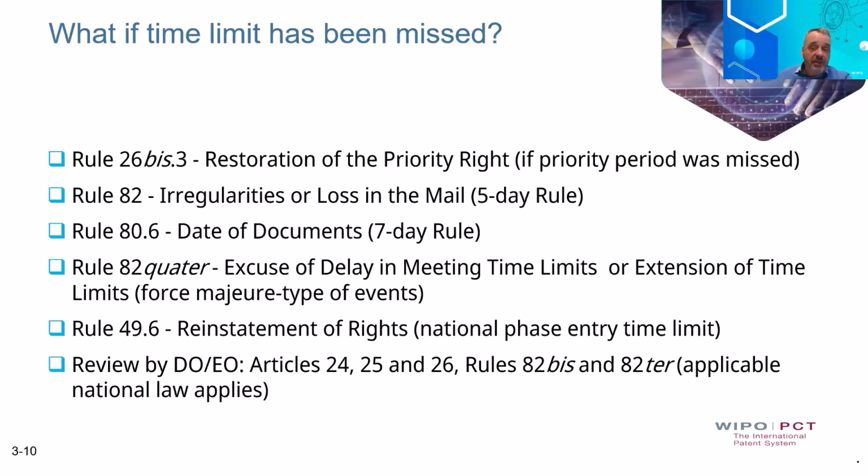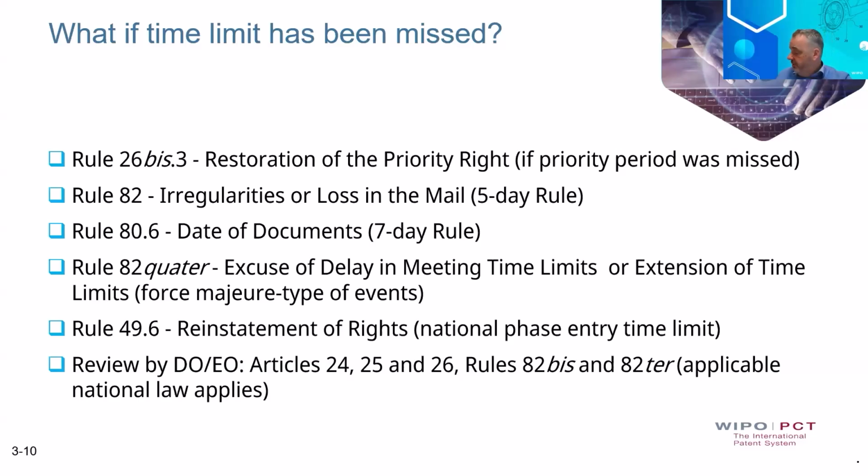But it's a possibility if it does happen to you that you file your PCT application a little too late. You can only max be late by 2 months at the end of the priority period. If you're even later than that, it's not possible to restore such a priority claim under the PCT regulation. So this is all governed by Rule 26 bis point 3.